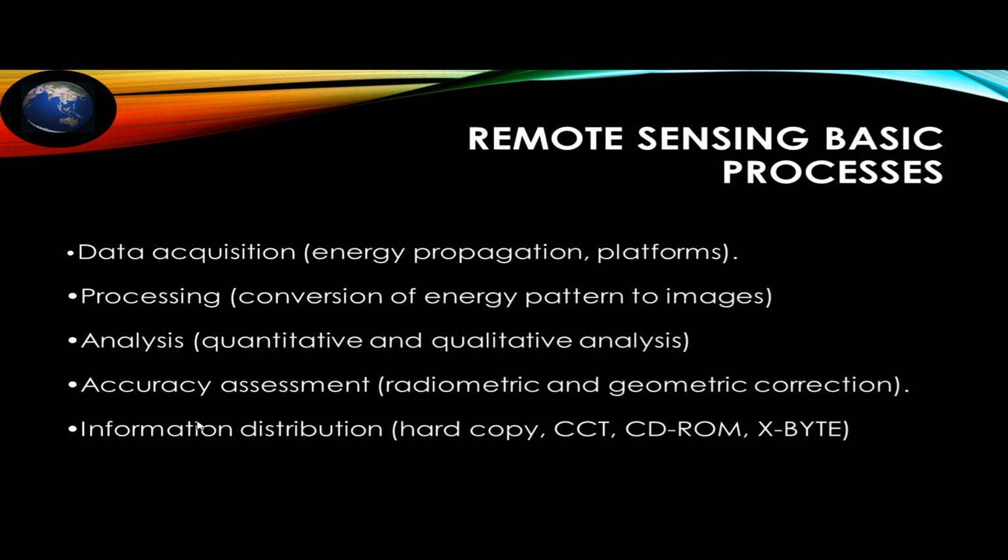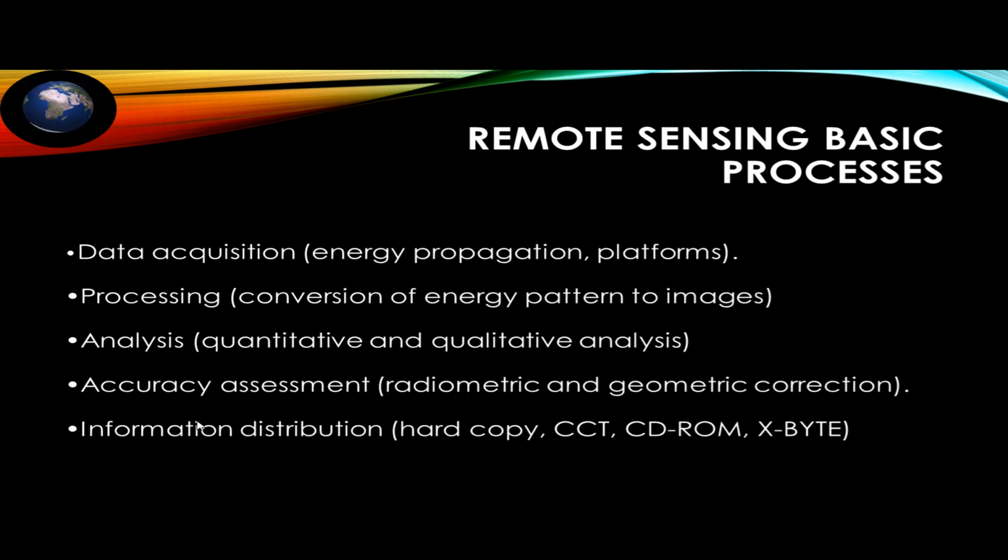So the remote sensing basic processes are: data acquisition, meaning energy propagation or the platforms; the processing, the conversion of these energy patterns to the image, which is happening in our system; and then analyzing, qualitative or quantitative analysis based upon the earth feature data sets; and then the accuracy assessment, radiometric or geometric correction.